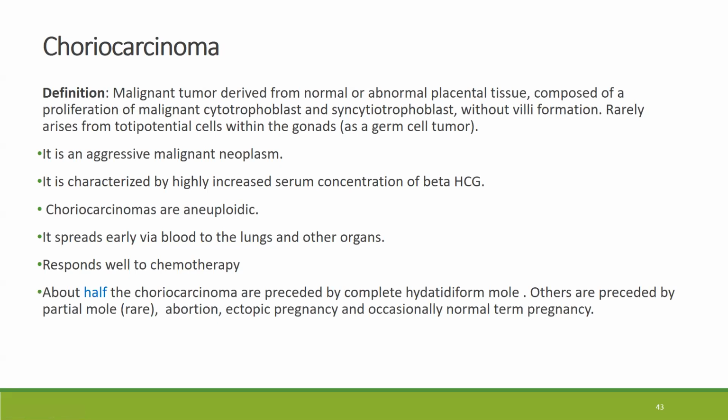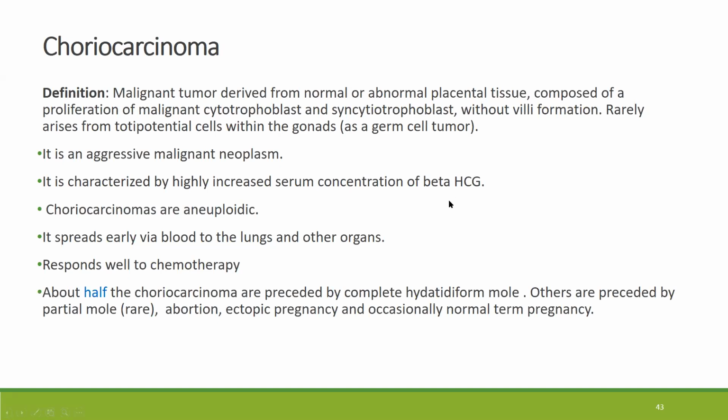Rarely it can be seen without pregnancy. Remember, it can be seen as some type of germ cell tumor. Germ cell tumors can be in the ovary or the testicle. So choriocarcinoma can be seen without pregnancy in germ cell tumors of the ovary and of the testicle.